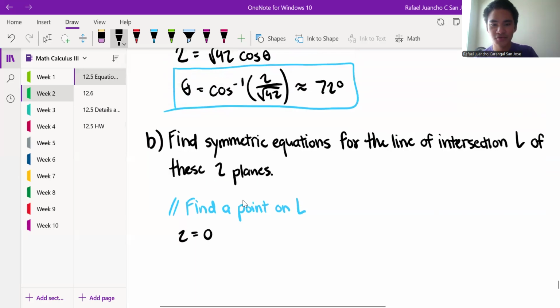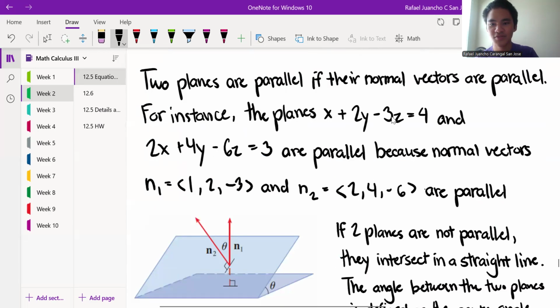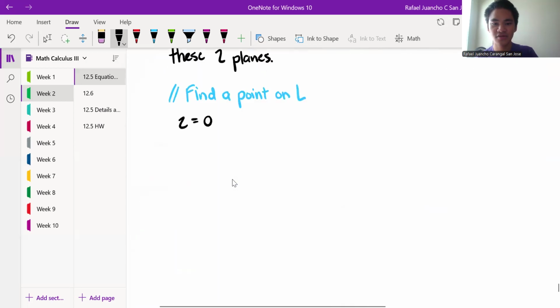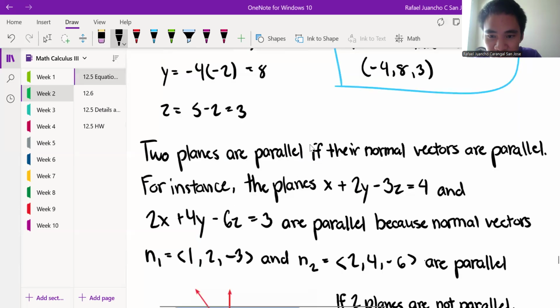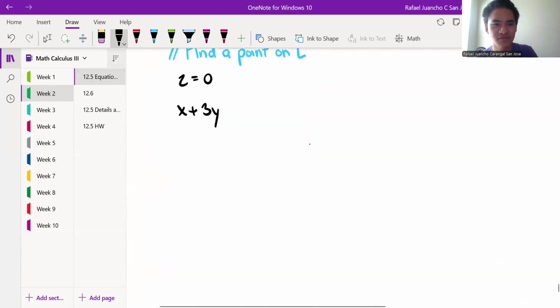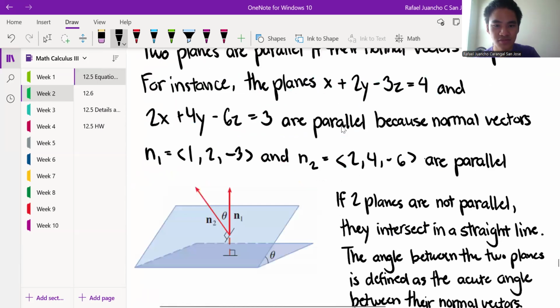Then let's do the plane x plus 2y minus 3z equals 4. Oh, shoot, I forgot. x plus 2y minus 3z is 4. With z equal to 0, this is going to be x plus 2y equals 4. Now the same idea here with the other one.